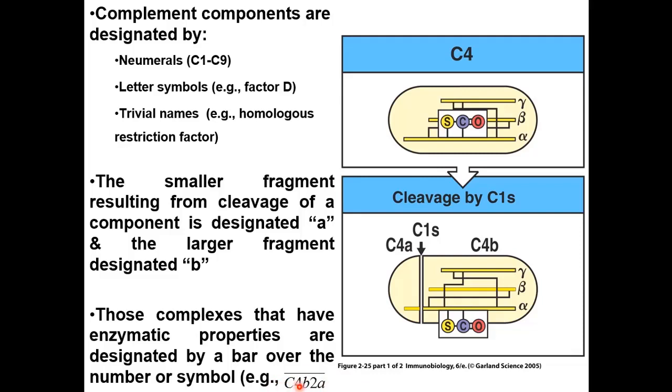For example, here C4b2a is composed of two fragments, C4b and C2a. This complex has an enzymatic property, and this enzymatic property is shown by a bar over the number and symbol in this complex.